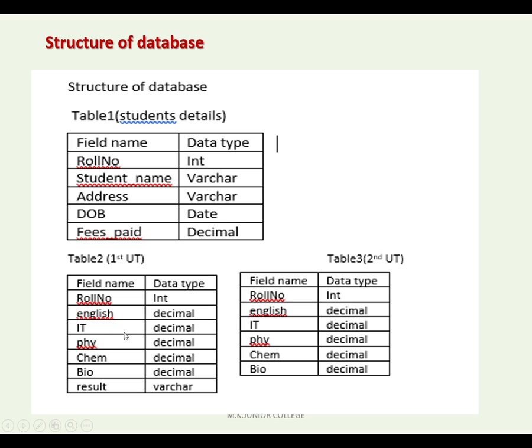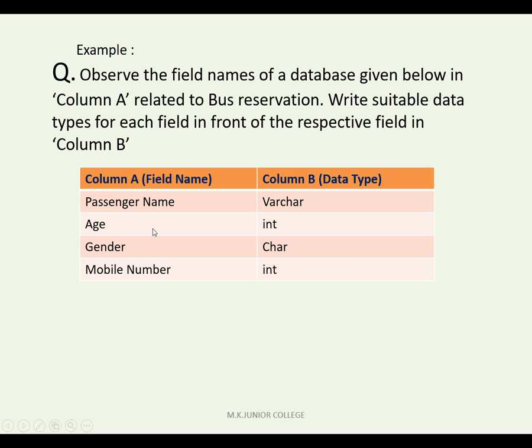Okay, so before the next topic, one example is given in your textbook, where two columns are given, column A and column B. Under column A, field names were given. These field names are related to bus reservation, and you have to give the data type for a particular field.